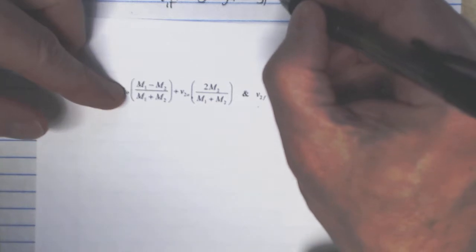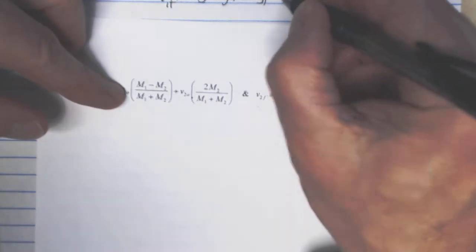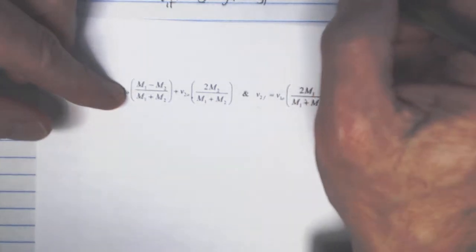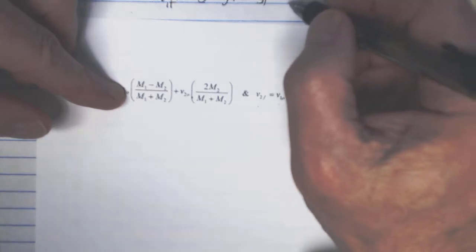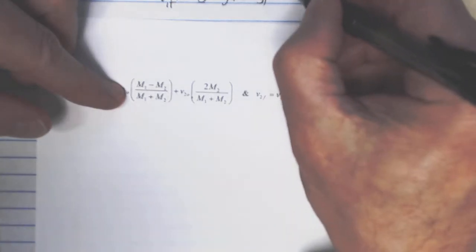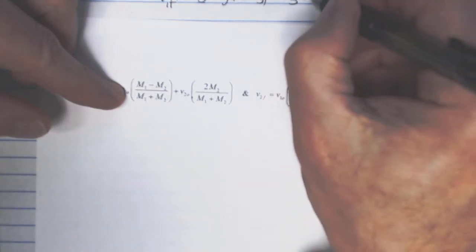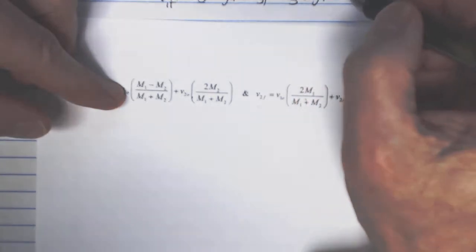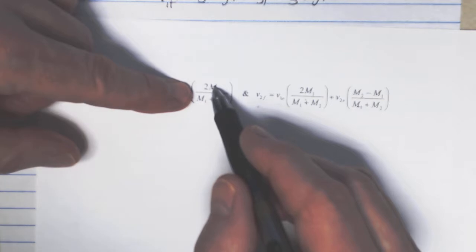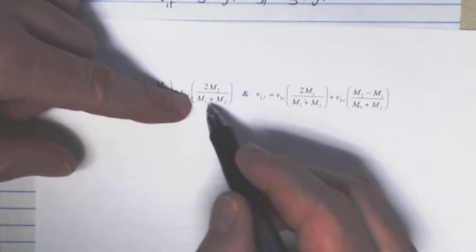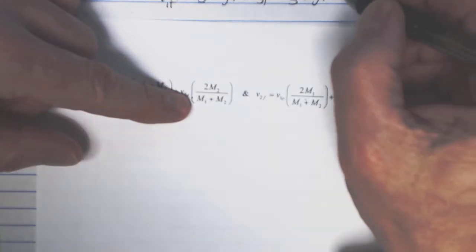Plus v2 naught, well, I don't have the negative sign here. I should put that in because it's moving to the left. So plus v2 naught is actually minus 2/3 the square root of 2gh. And then I've got 2m2. Well, m2 is 2m itself, so that's 4m divided by 1 plus 2, or 4/3.